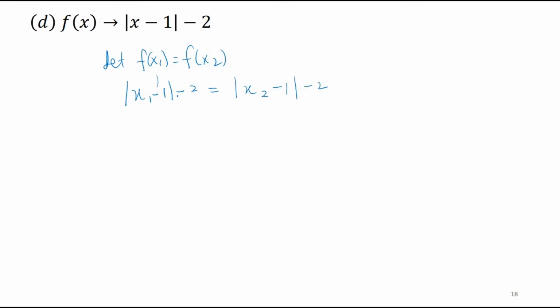So from here you can cancel off the negative 2 and negative 2 at both sides. So you have modulus x1 minus 1 equal to modulus x2 minus 1.